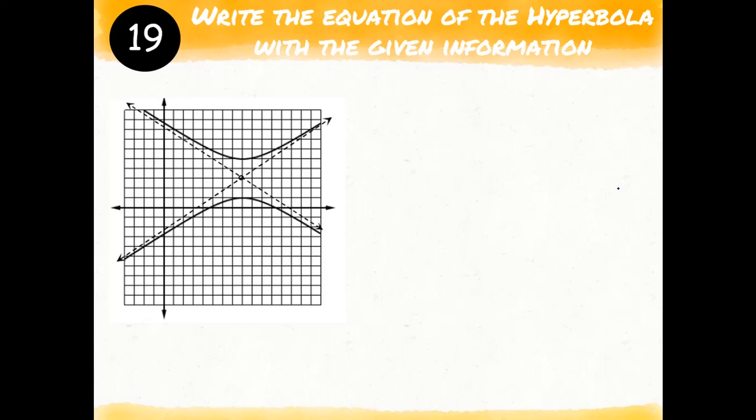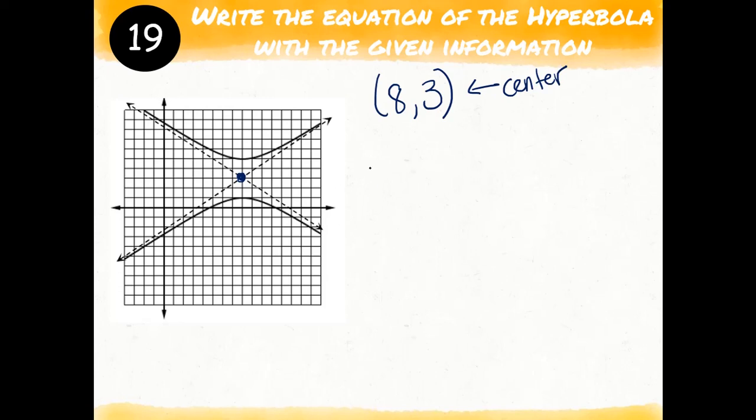So first thing I need to find is the center of this graph, right? Because we need a center, we need how far from the vertices, and then we need vertices to asymptote to actually write the equation. Well, the center of this graph is right here, and it's 1, 2, 3, 4, 5, 6, 7, 8, comma, 1, 2, 3. 8, 3 would be the center of my graph, it looks like.